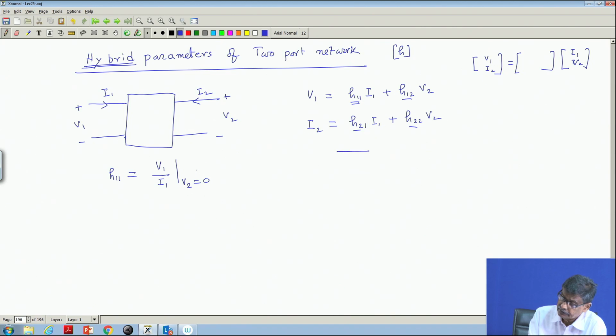That is, take the network, same network with which I should excite it, I 1, a current source, I have excited I 1, and then V 2 equal to 0, means it should be shorted. Is not V 1 by I 1 with V 2 equal to 0 is H 11. Therefore, this V 2 equal to 0 you make and record this voltage.